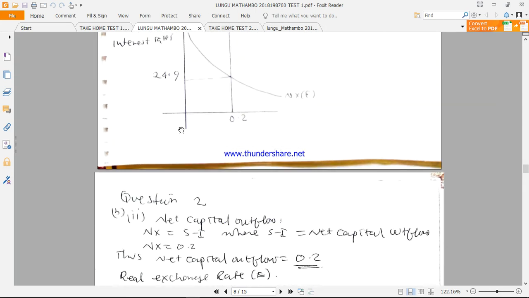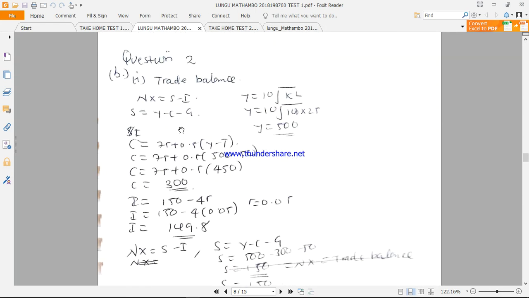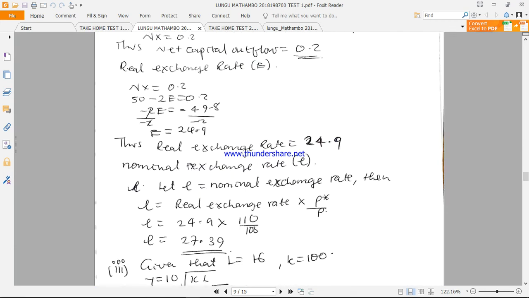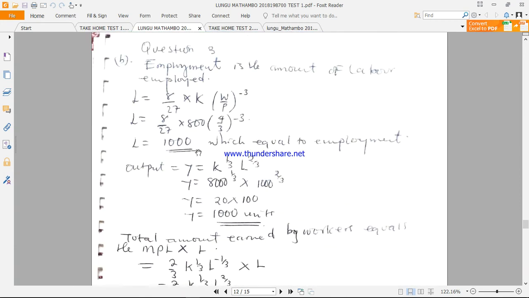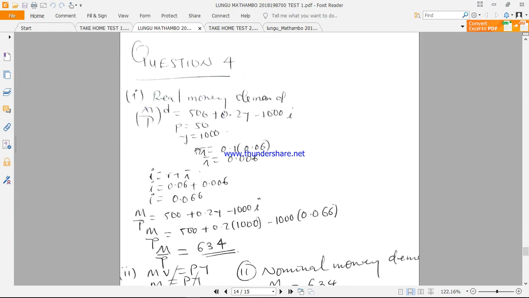Okay, it's this one. So now, the real money demand. We have this equation, M over P is equal to 500 plus 0.2Y minus 1,000i. And then the price level is 50, output is 1,000. Then they've said that inflation is 10% of the real interest rate.